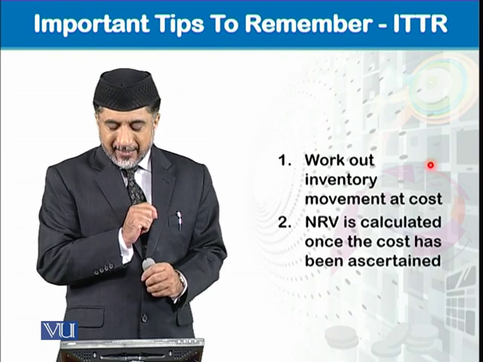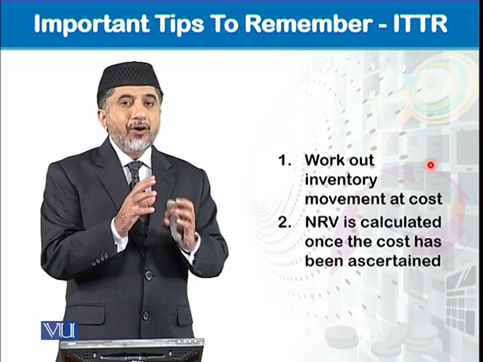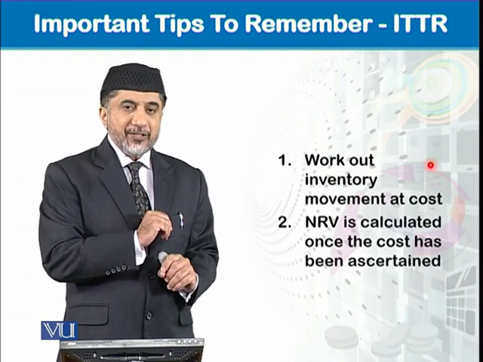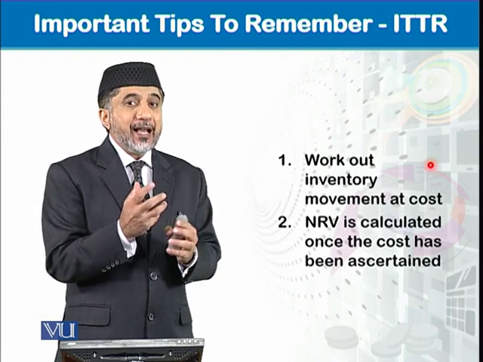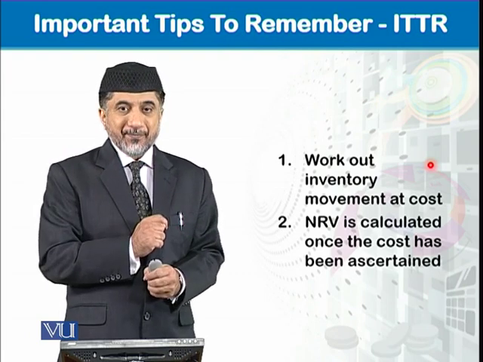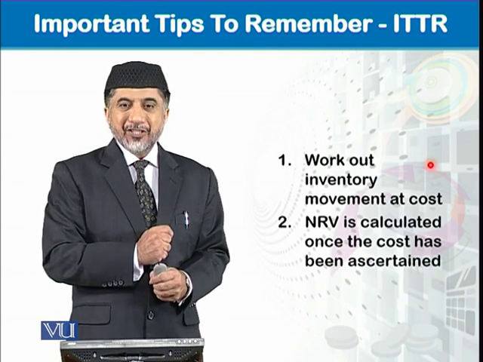The second thing is that NRV is calculated once the cost has been ascertained. Then we do the exercise of knowing the NRV of that inventory. Thank you very much for your attention for this module as well.